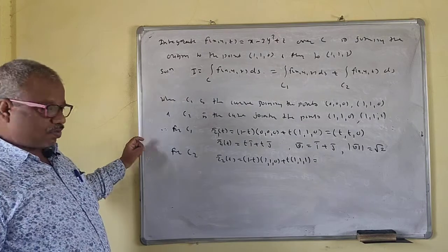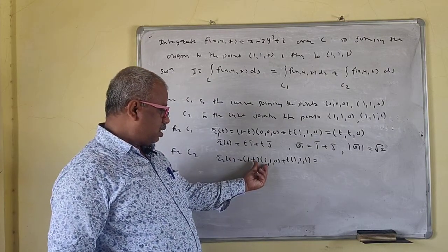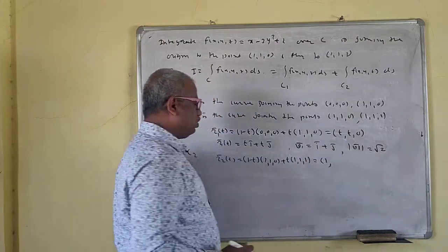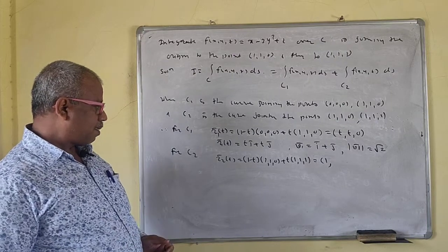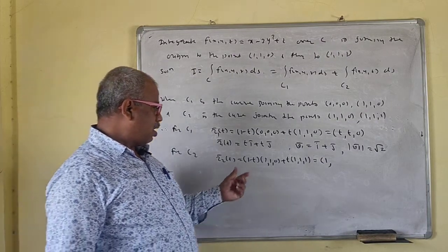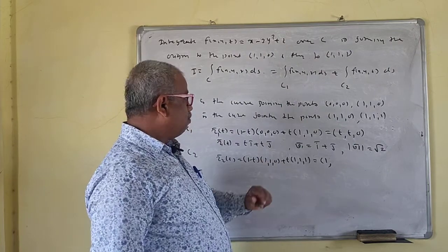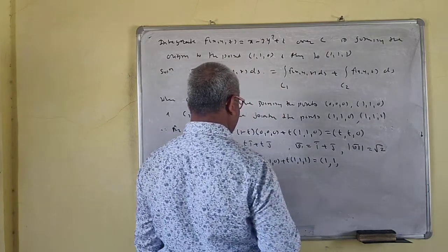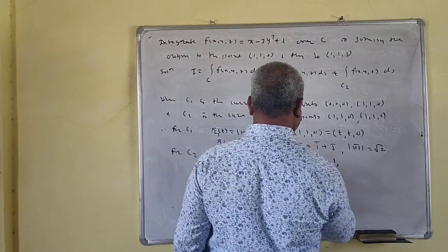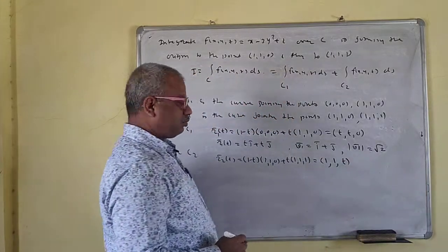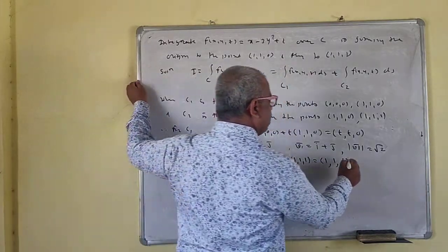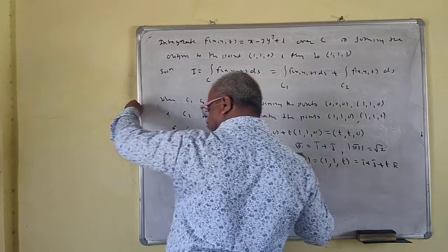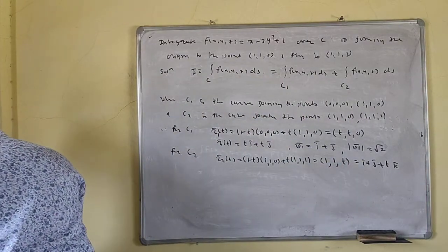So 1 minus t plus t is 1, 1 minus t plus t is also 1, and the last is t. So this is same as i bar plus j bar plus t k bar. We will check whether we are correct or not.